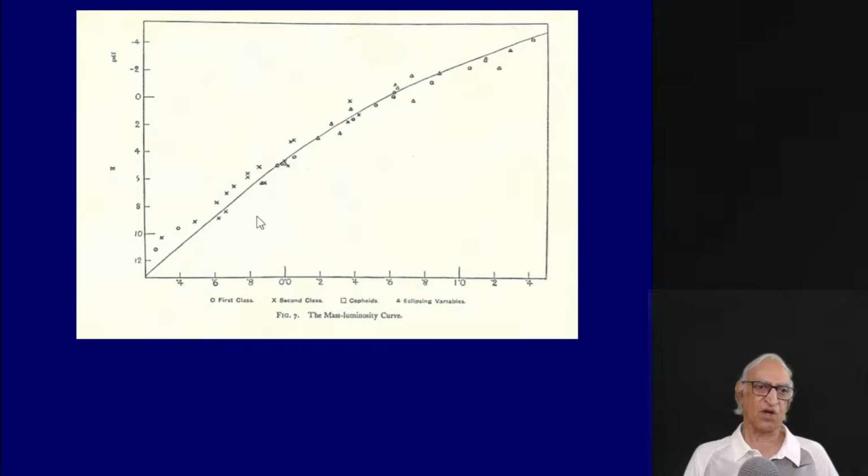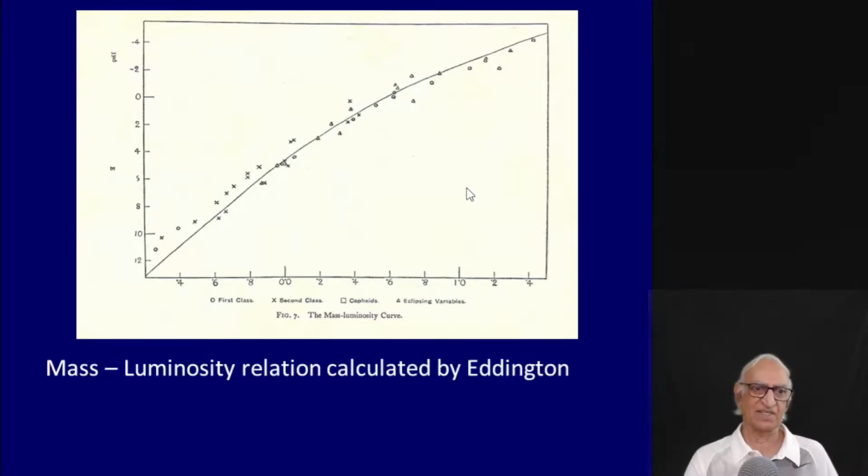The dots are observational data available to Eddington in 1923, and the solid curve is L proportional to m cube. Now you will agree that this is an extremely good description of the actual mass-luminosity relation of observed stars.